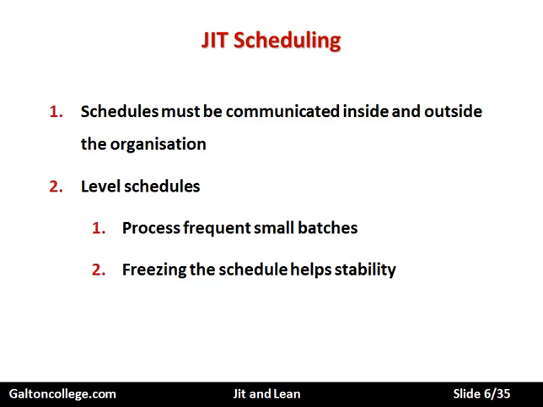So freezing the schedule means taking the various components of the schedule, how the sequencing of the machines and the personnel and the sequencing of the materials arriving, how all of that was worked out. Then the same pattern can be used in the future. The schedule has been frozen, and therefore in the future stability is almost assured.